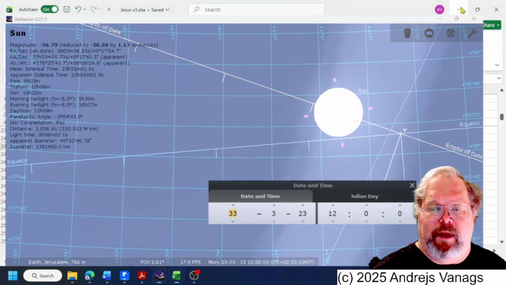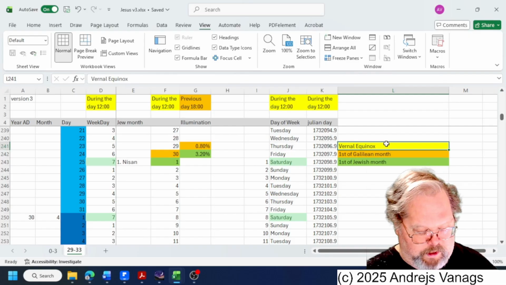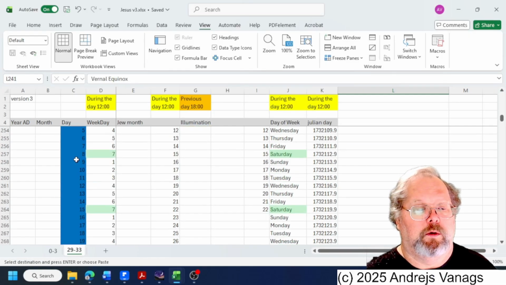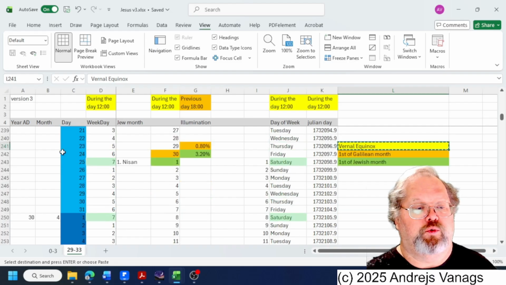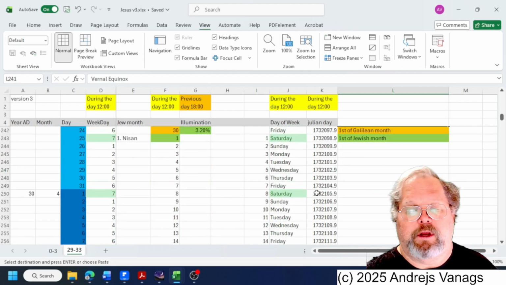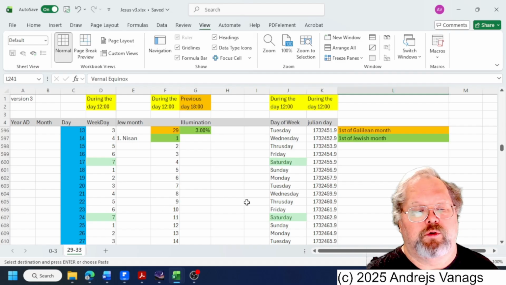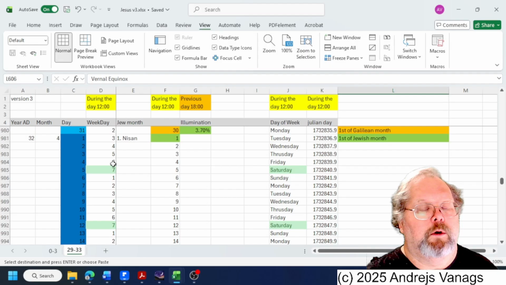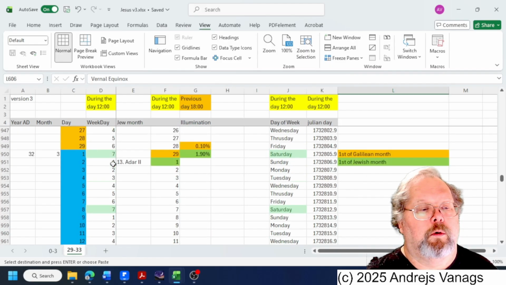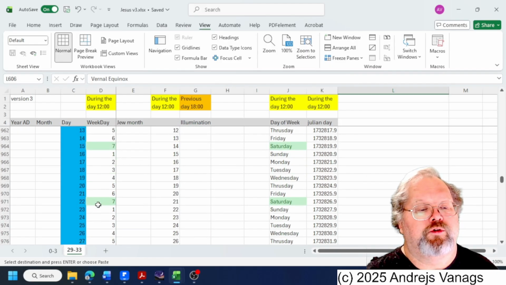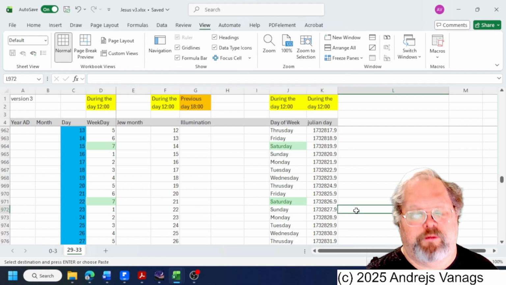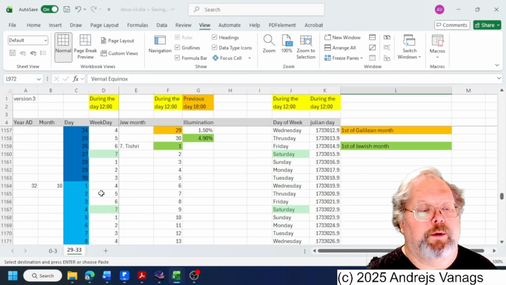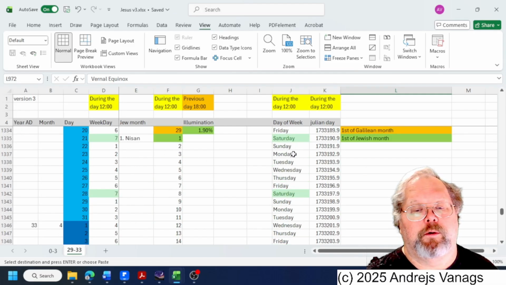So now we can add the vernal equinox to all the March 23rds in the calendar. March 23rd, it was a Friday. Year 32, March 23rd, it was a Sunday. And year 33, March 23rd, it was a Monday.